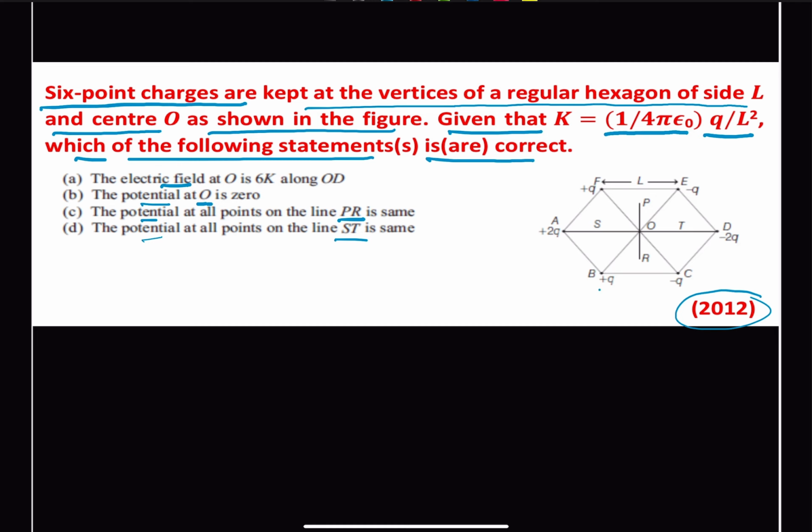So we have plus Q, minus Q, plus 2Q, minus 2Q, and plus Q and minus Q. In the first case, we are going to find out the electric field at O along OD. So we need to find out the net electric field at point O, along with its direction. And we are mainly interested in the direction towards OD, and later on we can multiply it.